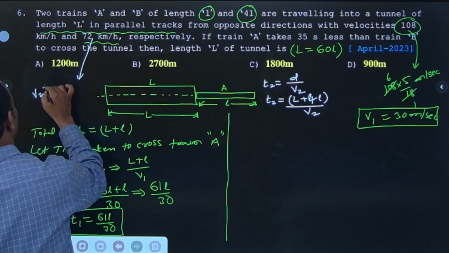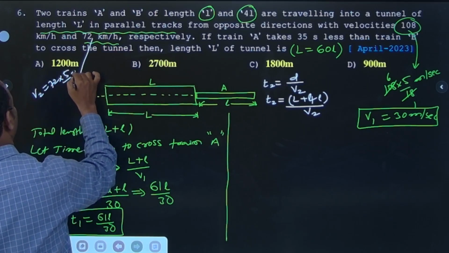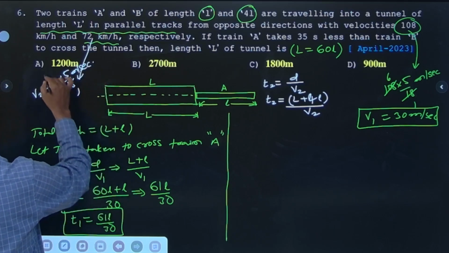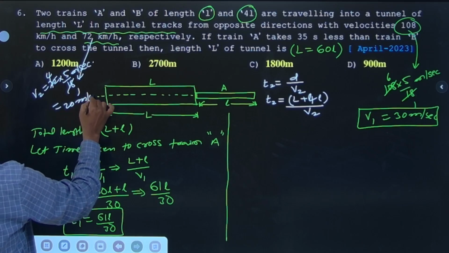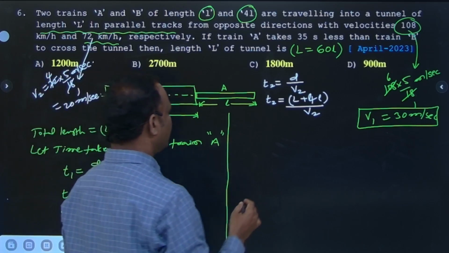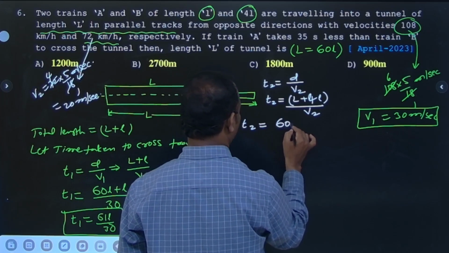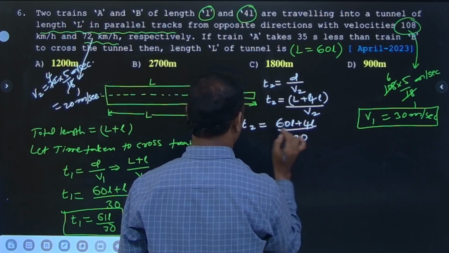V2 is 72 into 5 by 18 meter per second, which is 20 meter per second. So T2 equals (60l plus 4l) by 20 meter per second.